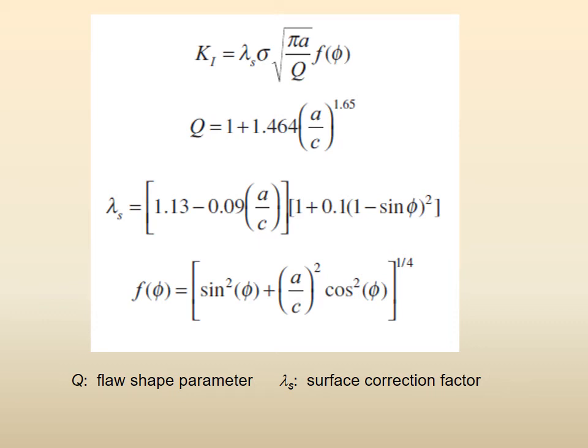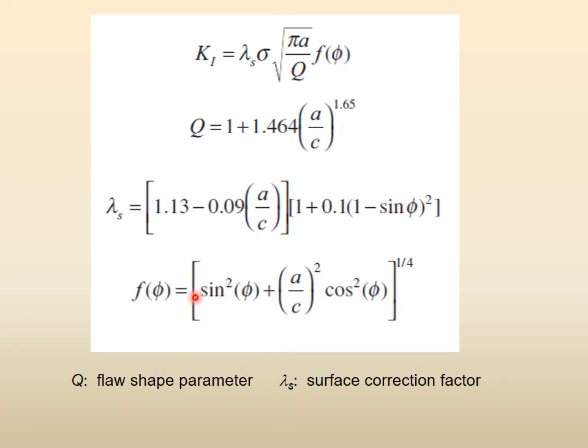Embedded means central crack of an elliptical shape, right? The remote stress is sigma. The size of the ellipse is c and a. The location of the point, right? If for example you want to find at the end of the ellipse, the sharpest point, then phi is equal to 0. No issue. So if that point is there where we say it is generally maximum, then here this sine 0 will go away.